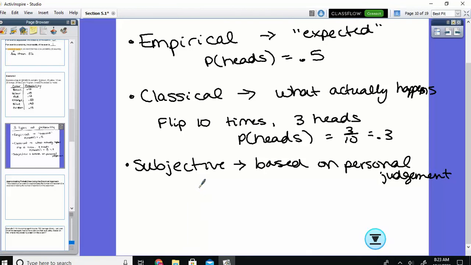Probability of rain is 10% today. Is that like a hard science, like flipping a coin where there's only 2 outcomes and you can look at that? No. So weather is an excellent example of a subjective probability. It doesn't mean it's bad, but 2 people could calculate that probability and have 2 different answers because they're including a little bit of personal opinion in there.